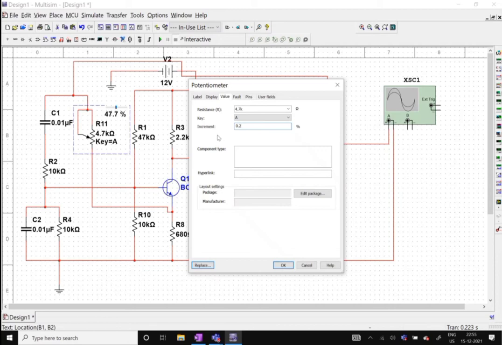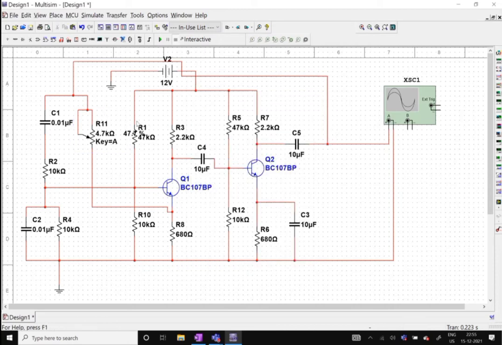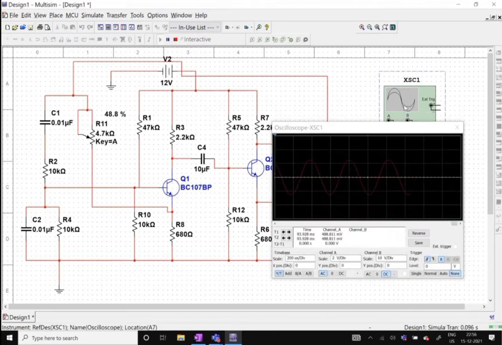The variation is like that. The increment value is 0.2. But at 8.8, we will observe the sine waveform.